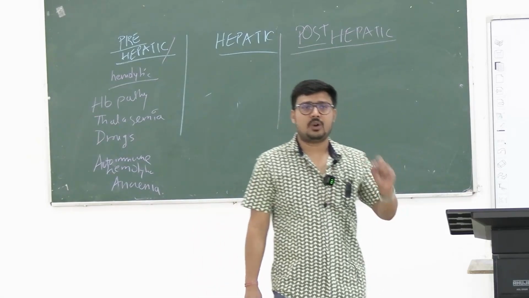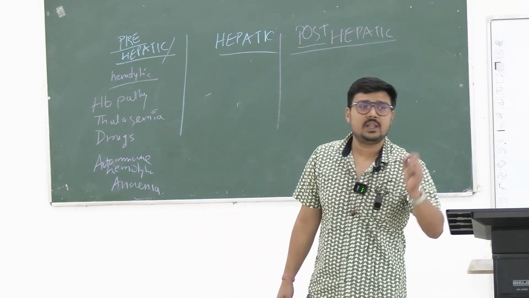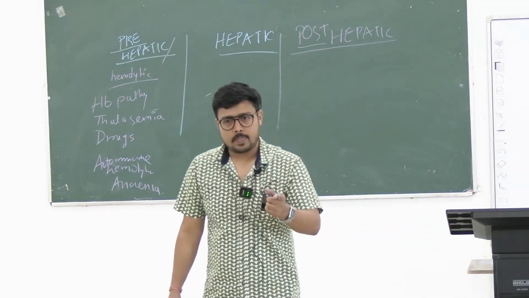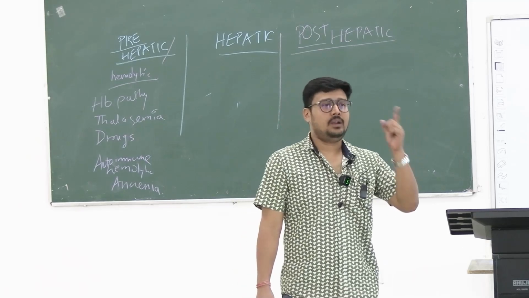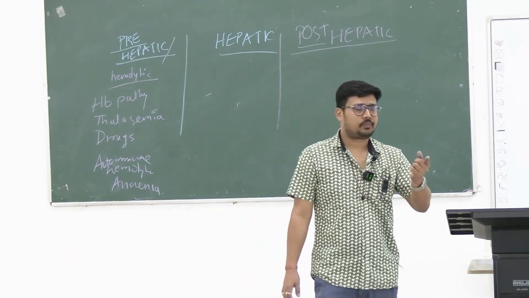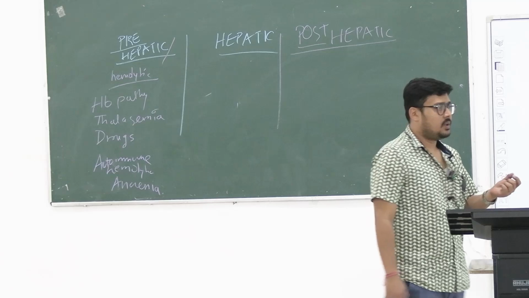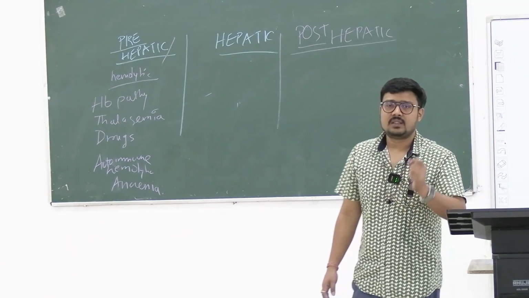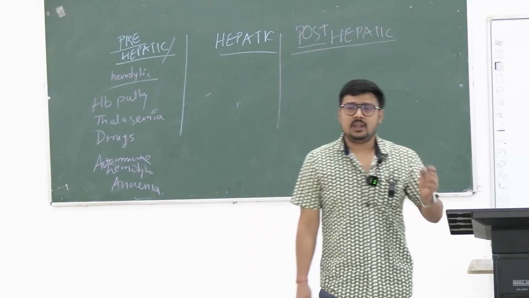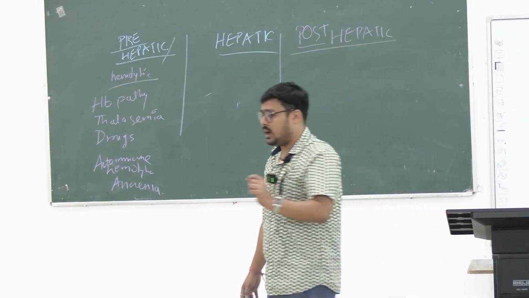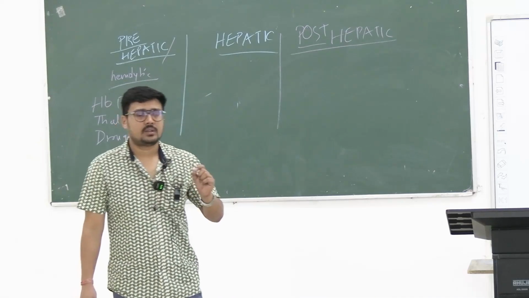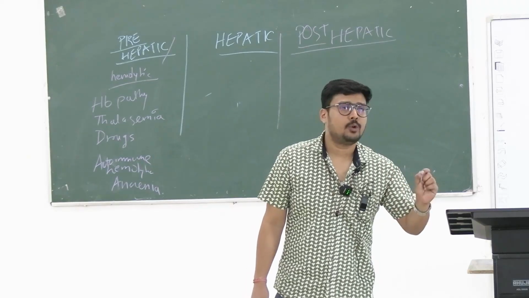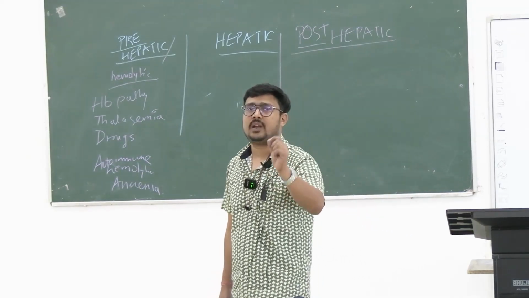So, hepatic causes of jaundice will show an increase of serum bilirubin of which type? Both unconjugated and conjugated. If there is degeneration of the hepatocytes due to some virus or some toxin, then hepatitis occurs and the degenerated hepatocytes won't suffice for the conjugation of bilirubin by providing glucuronosyl transferase enzyme.